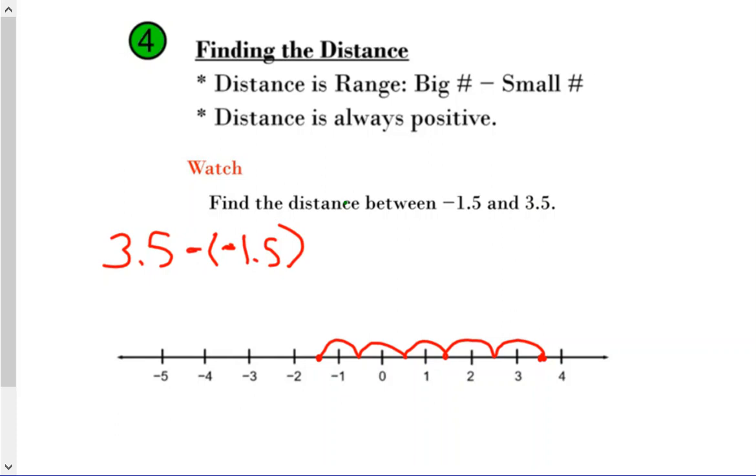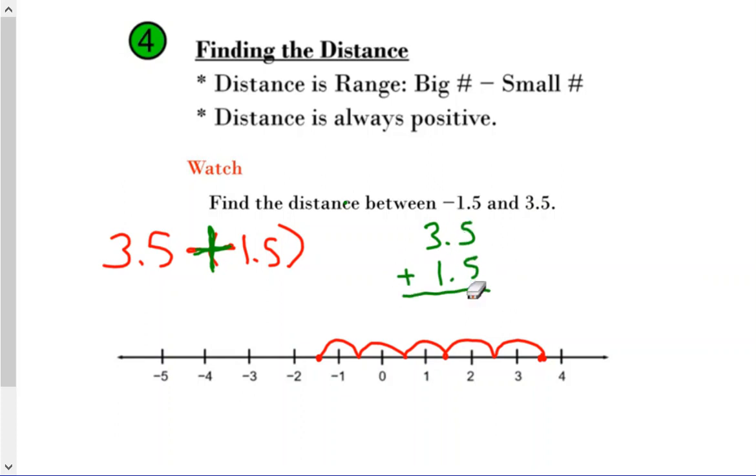Okay, and remember, when we're subtracting a negative, it's the same as adding a positive. So we can also say 3.5 plus 1.5.